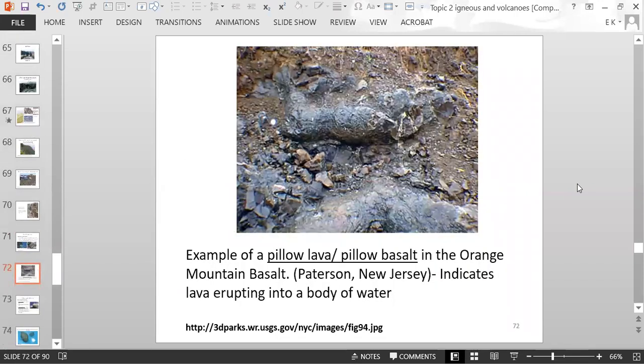Now here is a local example of pillow lava. This is in the Orange Mountain basalt in Patterson, New Jersey. So this indicates that there was lava erupting into a body of water. And this is actually one of the pillow lavas right here, this blob here.